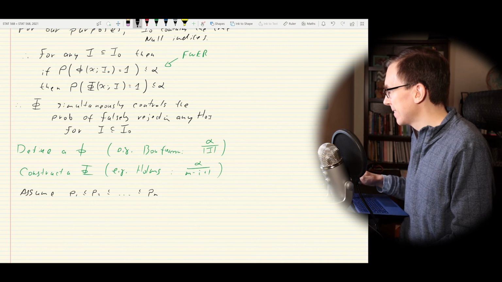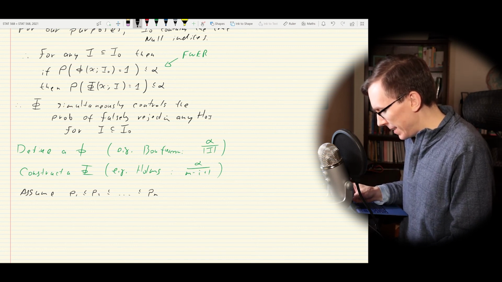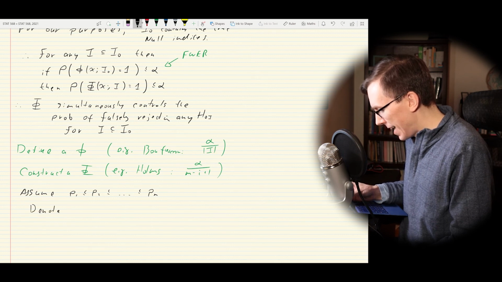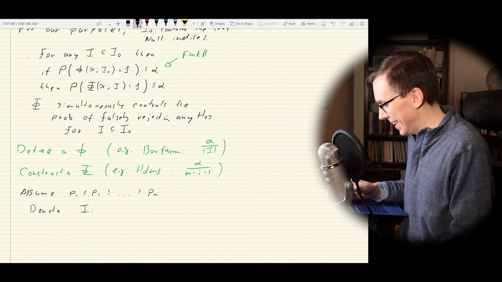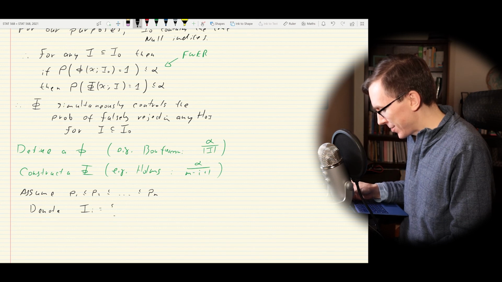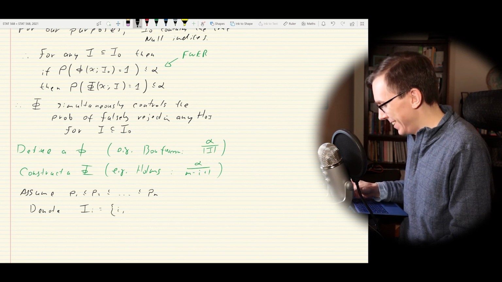And then we denote I sub little I. Again, not the greatest notation in the world, but it'll do.